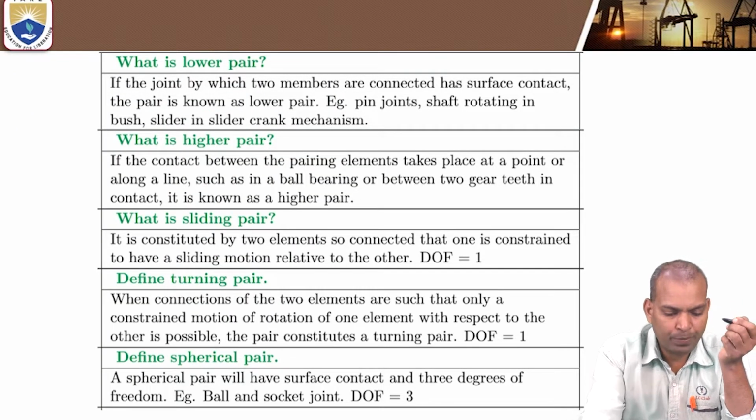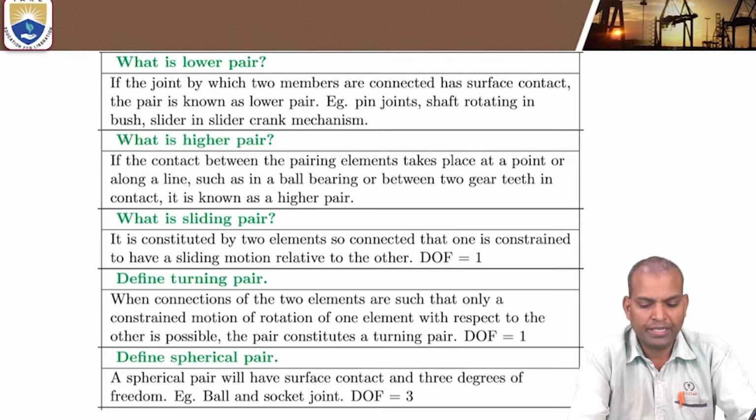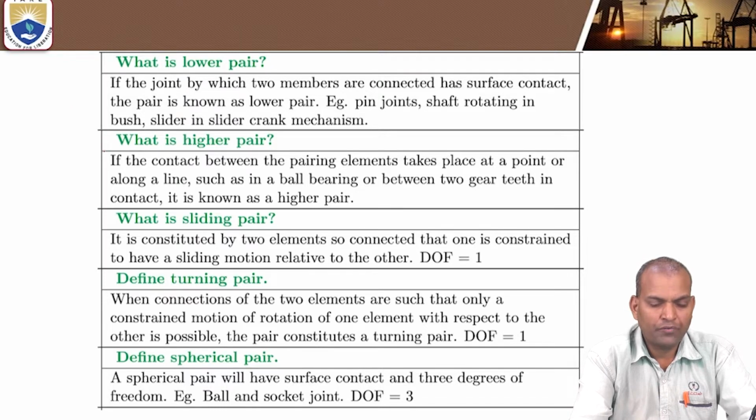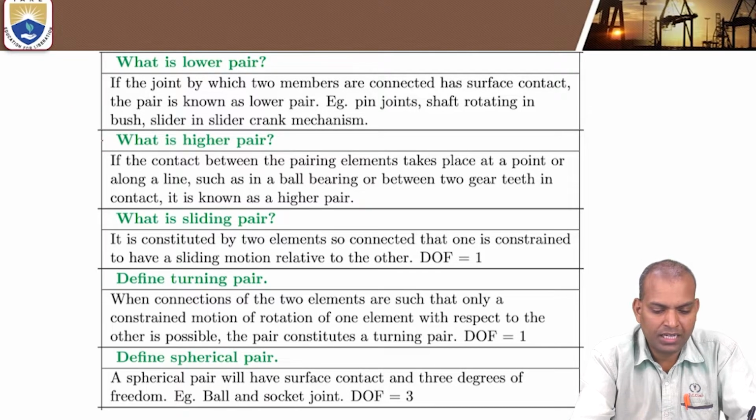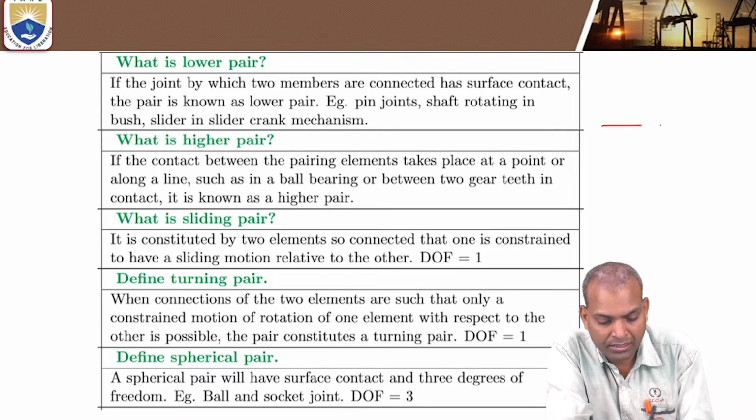Now coming to lower pair, I have already explained what a lower pair is. Examples of lower pairs are pin joints, a shaft rotating in a bush, and the slider in a slider crank mechanism. What is the slider in a slider crank mechanism?